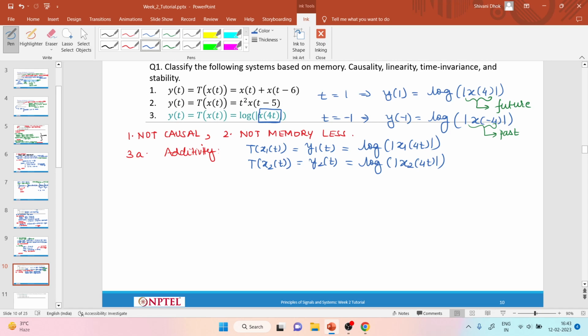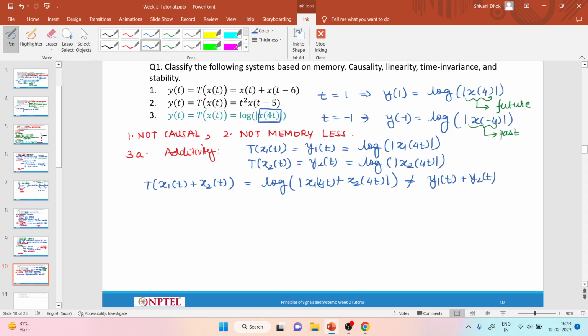Now let us look at what is the value of T of x1 of t plus x2 of t. So this is equal to log of mod of x1 of 4t plus x2 of 4t, and in no sense is this equal to y1 of t plus y2 of t.